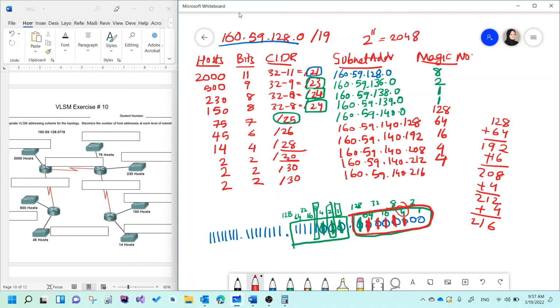Now it is best to figure out one more subnet address, so it will help you figure out the last broadcast address. So again, /30 will give you the same magic number 4, and the next subnet address would be 160, 59, 140, 220.